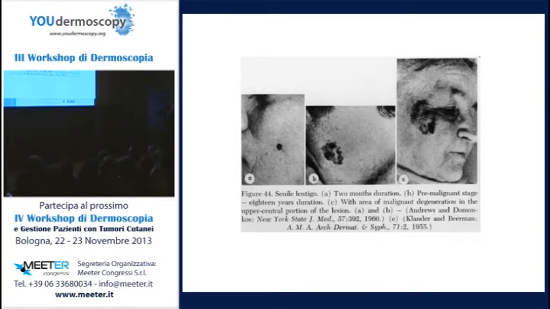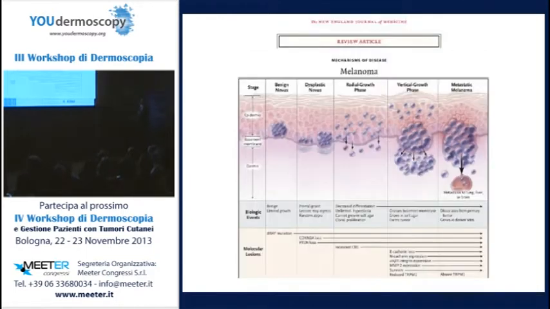They said A, senile lentigo, 2 months duration, B, pre-malignant stage, 18 years duration, and C, with area of malignant degeneration. You know what the mistake is? They didn't know how to diagnose melanoma in its flat stage, and so they assumed it was a precursor lesion. So they did a mistake then that we would not do at the moment.